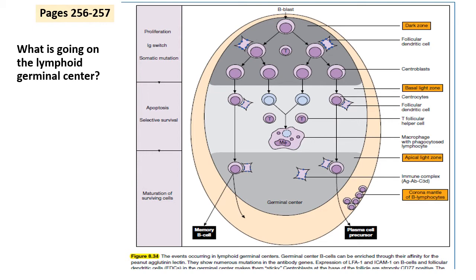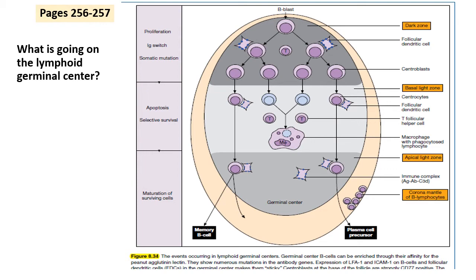Follicular T helper cells select the highest affinity B cells on the basis of their ability to capture antigen from follicular dendritic cells. In this figure, in the absence of antigen, B cells within the lymph node reside within primary follicles, composed of a mesh of follicular dendritic cells.